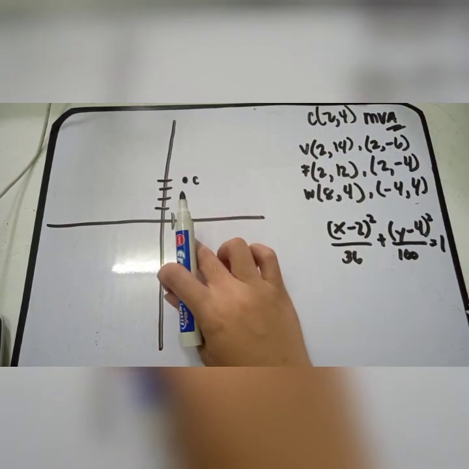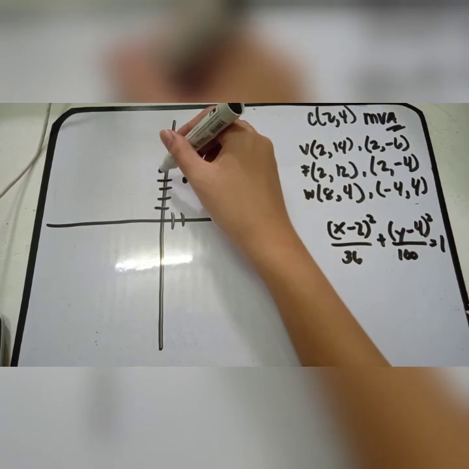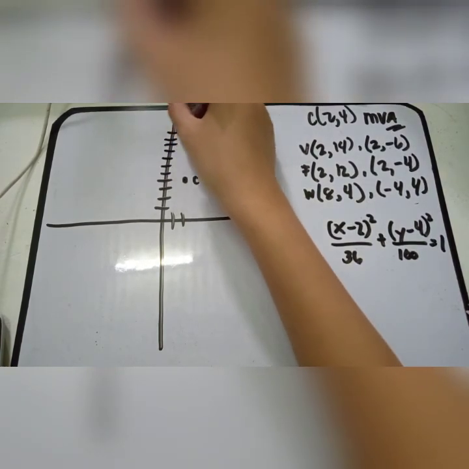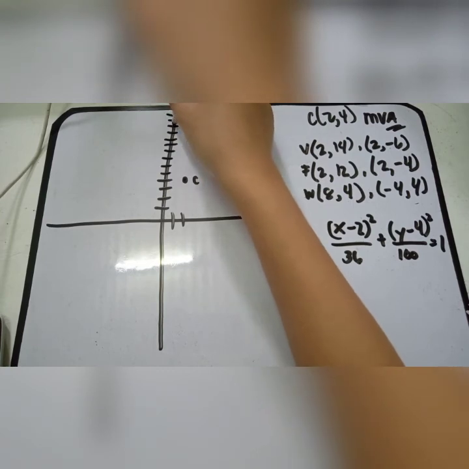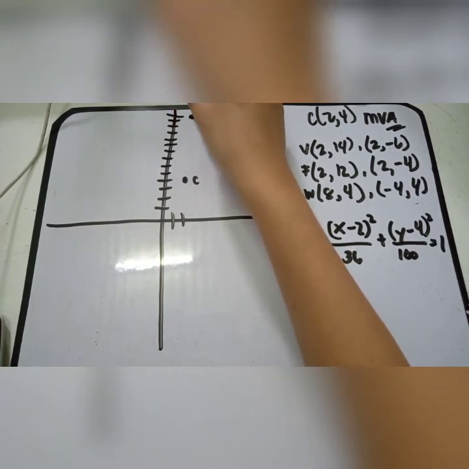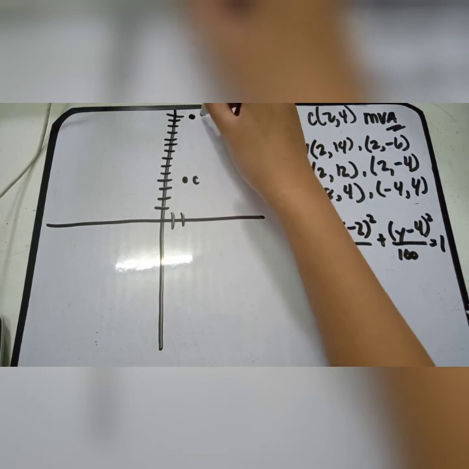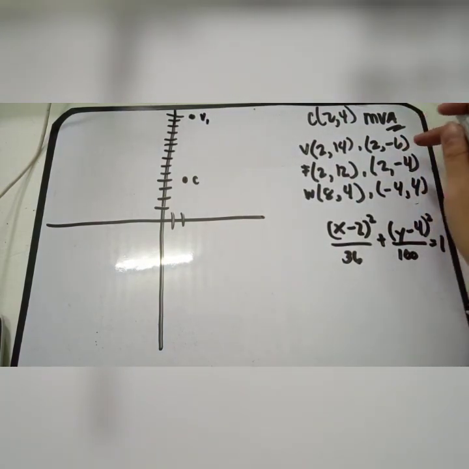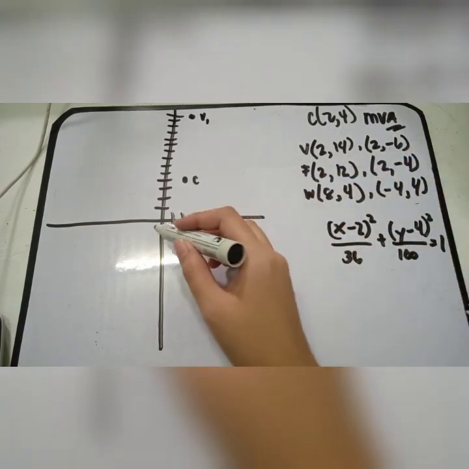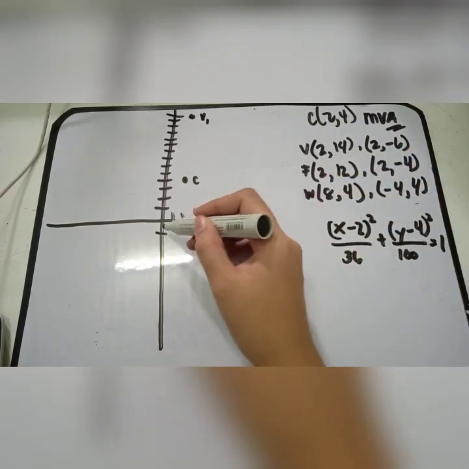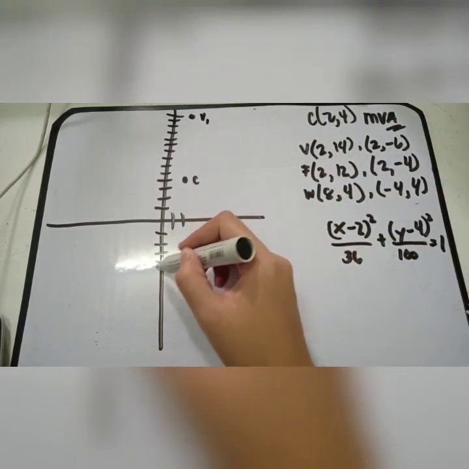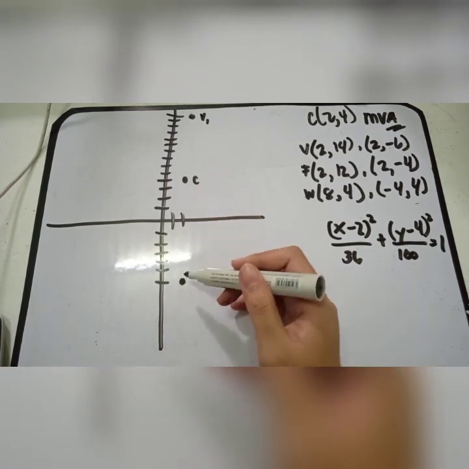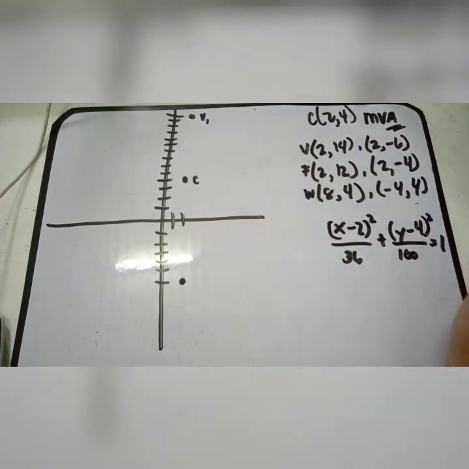So 2 and then 14. So 4, 5, 6, 7, 8, 9, 10, 11, 12, 13, 14. So this will be your vertex 1. For vertex 2, it's 2, negative 6. So here's your negative. So 1, 2, 3, 4, 5, 6. It will be here.